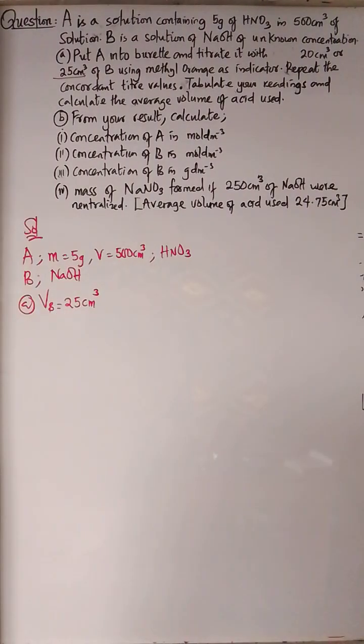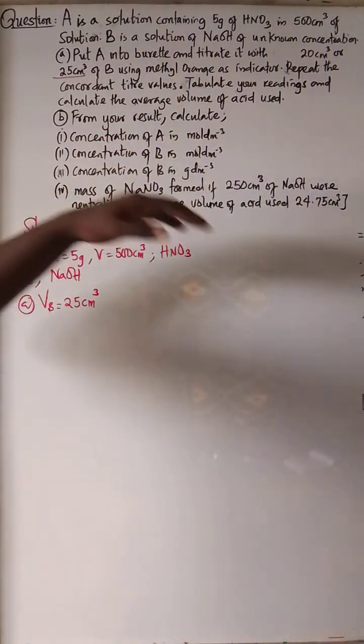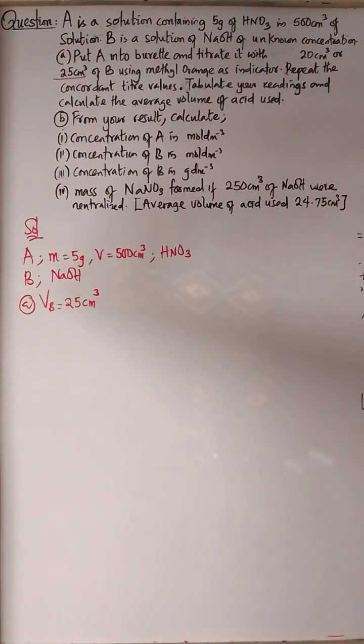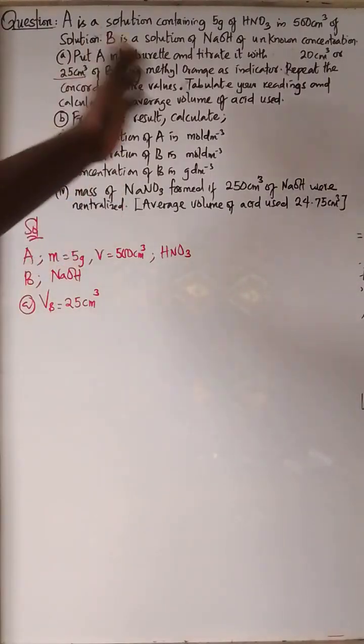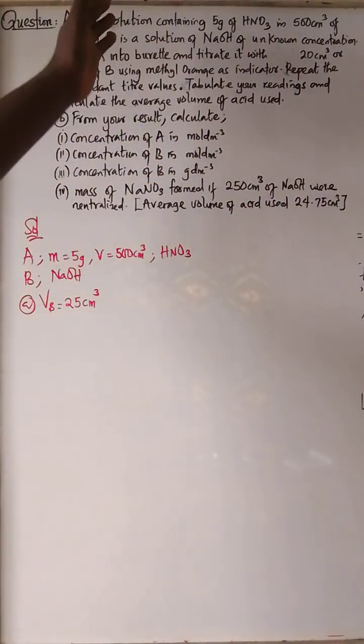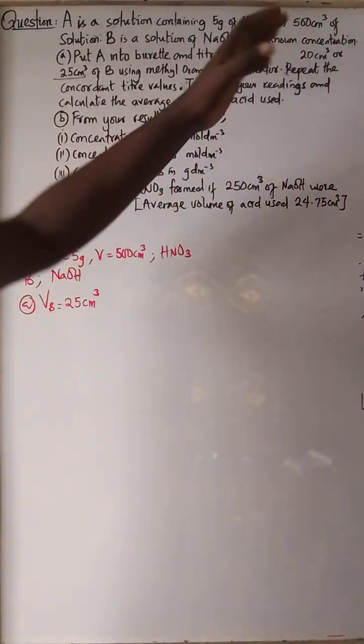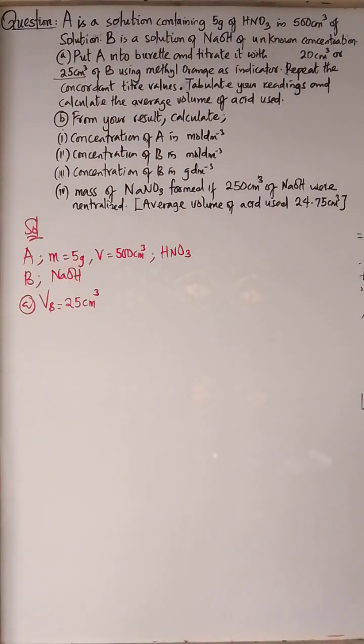Using methyl orange as indicator. We've already explained that. The indicator changes color to show us the end point after adding the acid. We are told to repeat the values to get concordant values, meaning you repeat like 2-3 times, tabulate your readings, and calculate the average volume of acid used. You follow this instruction fully if it were a real practical.